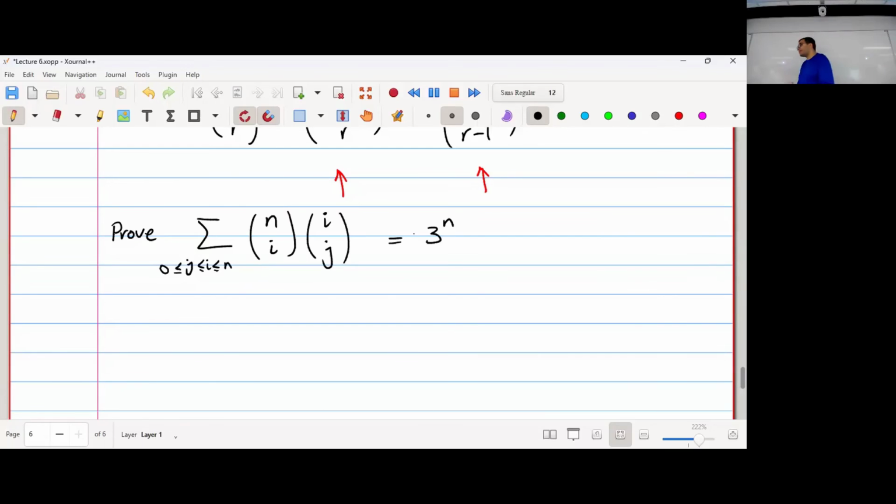Again, remember we had a problem in the previous sessions where the answer was 3 to the power of n. So j is a subset of i. Yes.